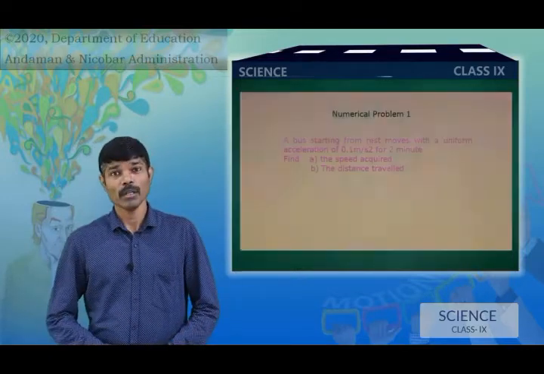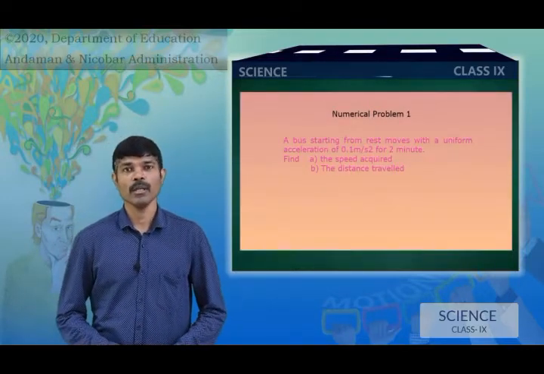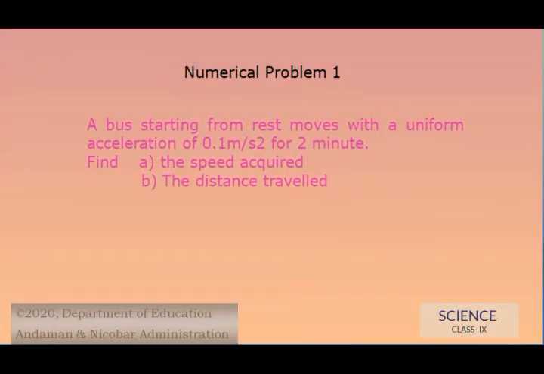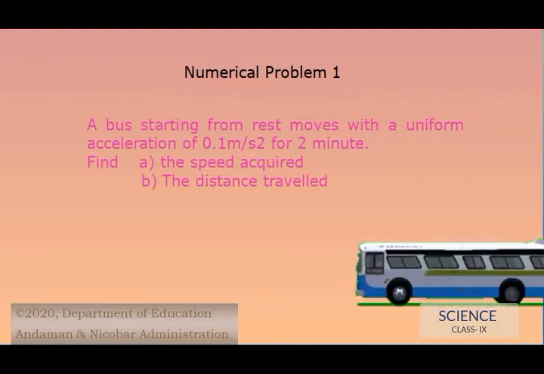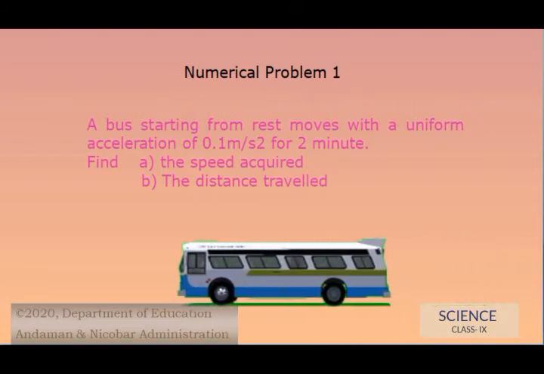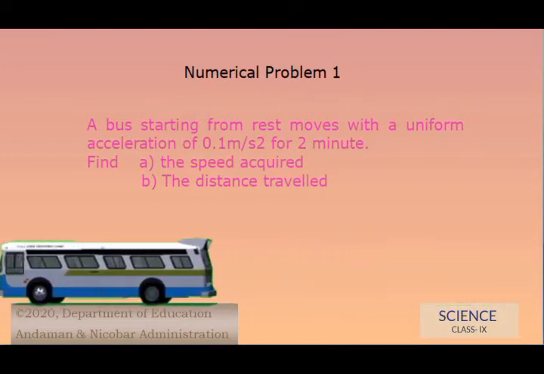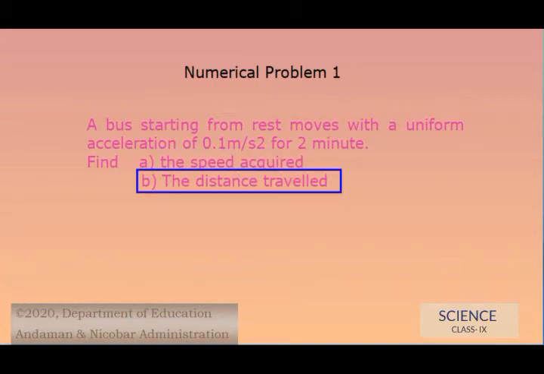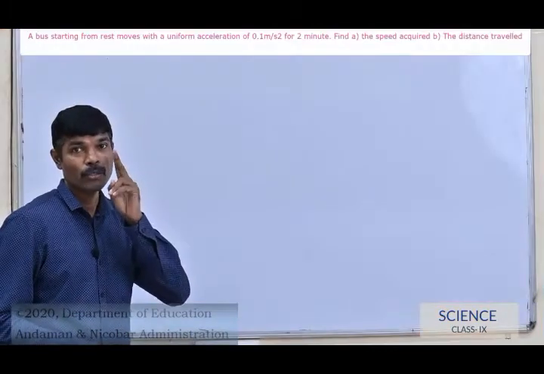So based on the equations of motion, we will do some numerical problems. Now look at the first question. A bus starting from rest moves with a uniform acceleration of 0.1 meter per second square for 2 minutes. Find A, the speed acquired, B, the distance traveled. In this question we have to find two quantities.